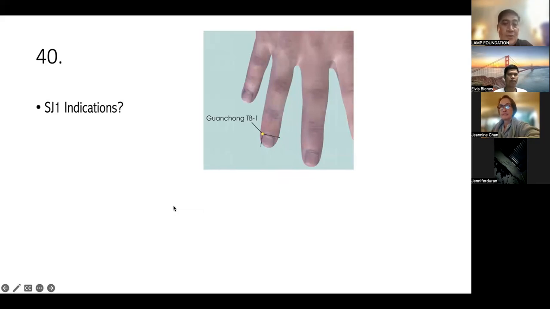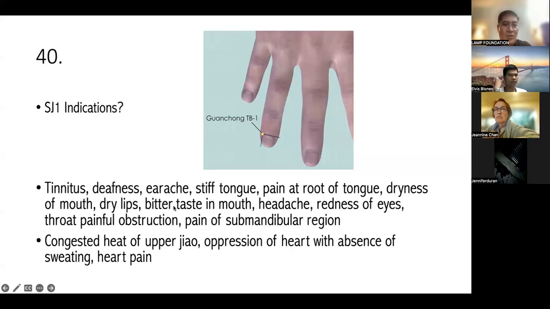Would you like me to give you a copy of the complete one? I'll convert this to PDF format. I don't think you would be able to study this. It's just getting to know lang para you would understand why these are the indications of the Jingwell points, no? And why they are called Jingwell.